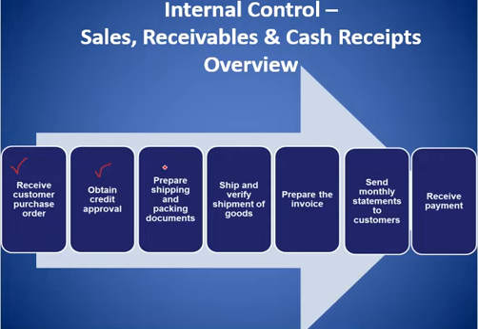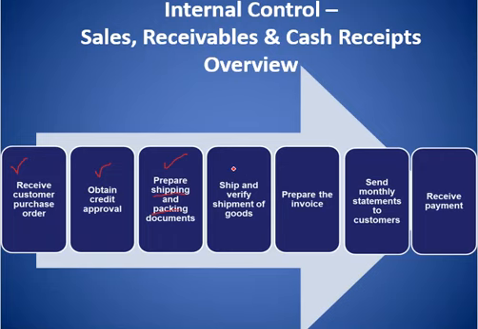Now, the next thing after we obtain credit approval, we're going to then prepare the shipping and packing documents. In other words, where the inventory is being shipped to, and then packing documents that also go along with the shipment itself.